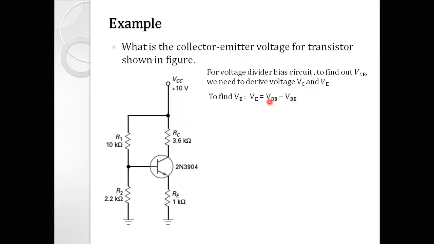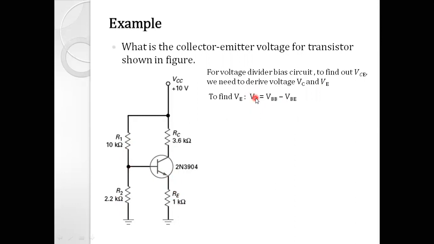What is VBB? VBB is the voltage at the base terminal. So using that voltage divider concept, we can find out VBB, and by applying KVL at the input section, we can write VBB minus VBE minus, going from positive to negative, the voltage drop across the RE resistor, which is VE.